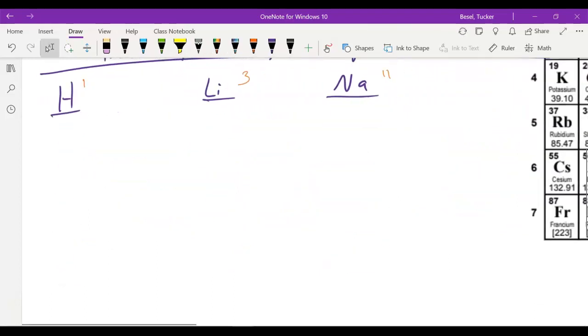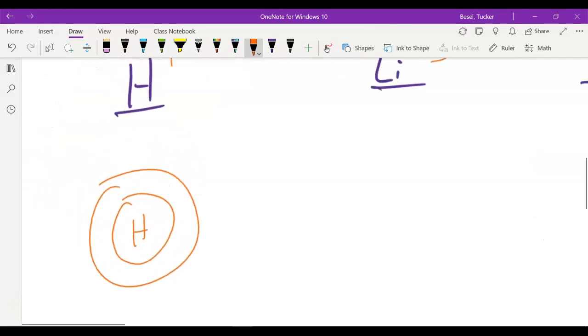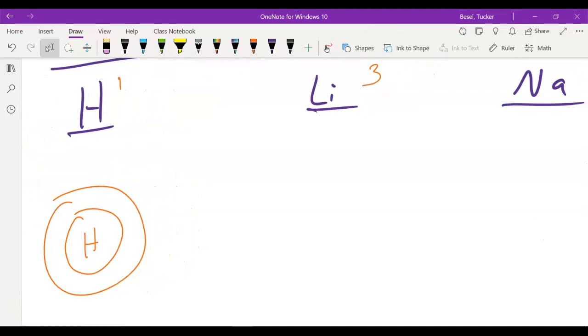Okay. So for a Bohr model, we could put the number of protons and neutrons in the middle, but I'm just going to put the element symbol in the middle. And then we have the energy levels that go out from there. For hydrogen, we just need to put on 1 electron, in the lowest energy level.